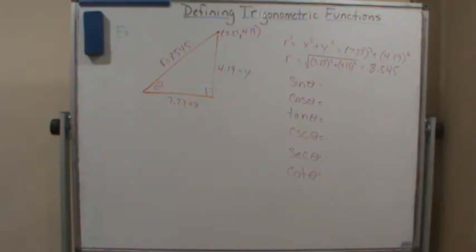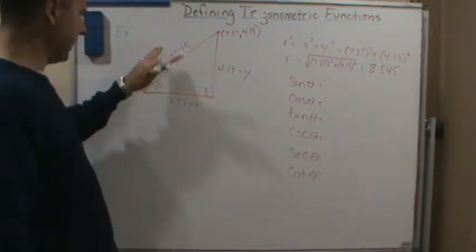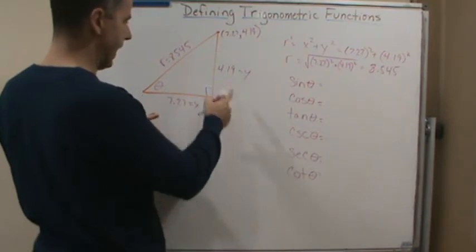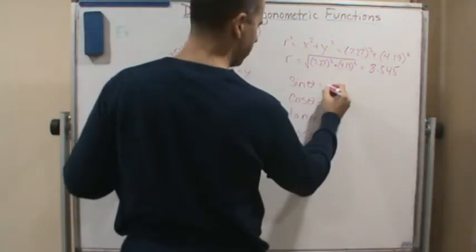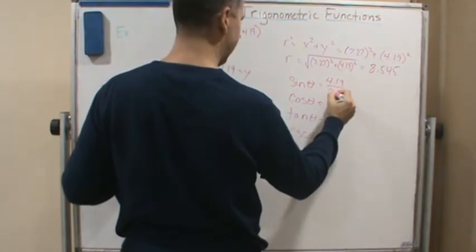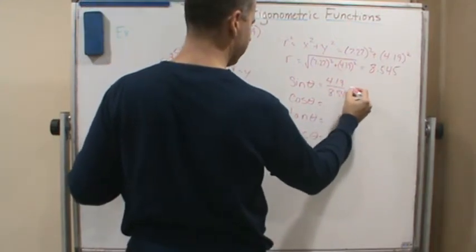Okay, now, here are the following values that we can use. Okay, so sine theta, so now all I'm going to do is I'm going to use the three sides to fill in the values here. So sine theta is opposite over hypotenuse. So this is going to be 4.19 divided by 8.545.